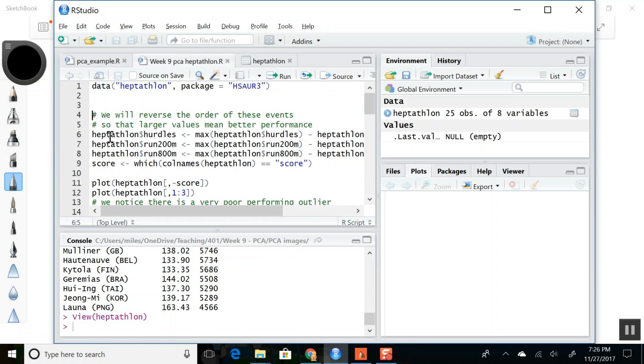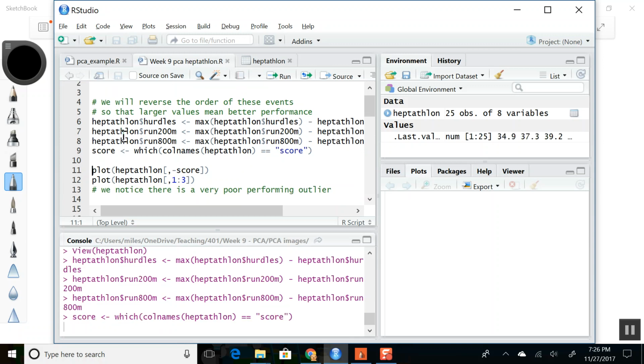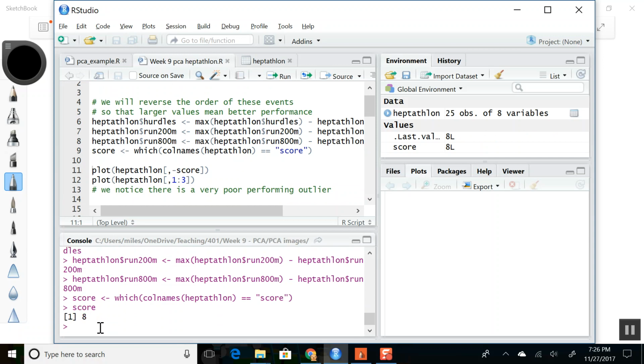Okay, so for the hurdles, we're going to take the maximum and subtract each hurdle score. Okay, so we'll get each of these things, and then I'm just going to extract the score. All right. Okay, so the score is the 8th column.